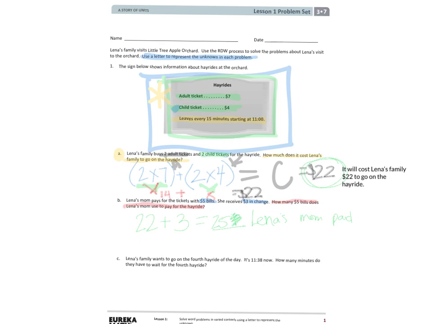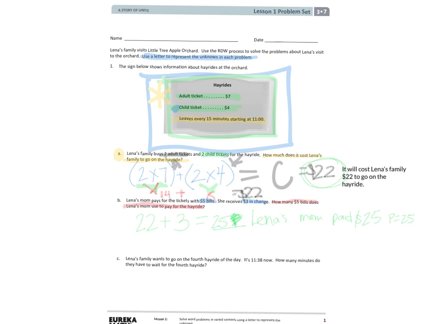So we know that Lena's mom paid $25. So we could say P equals 25.